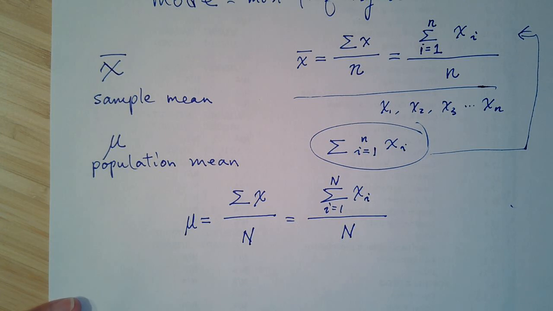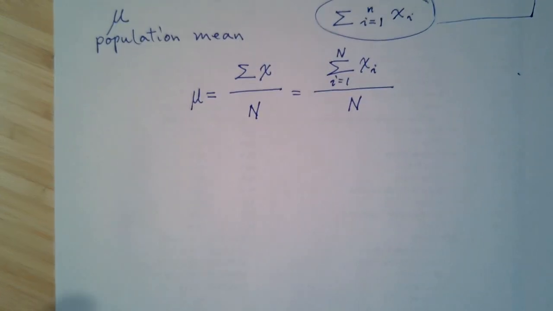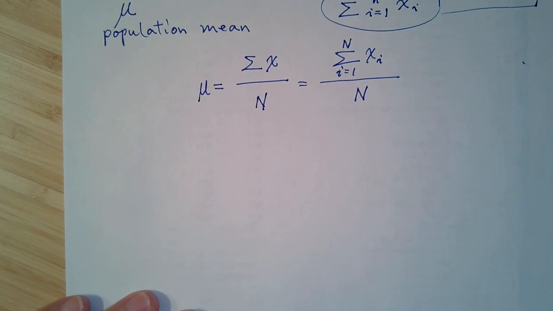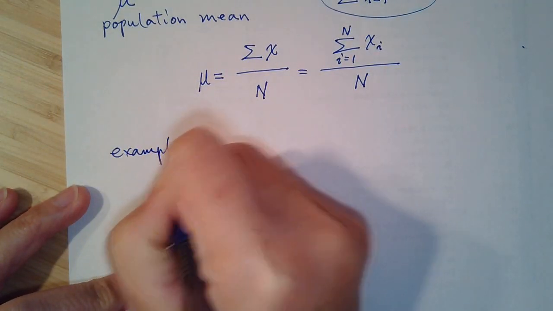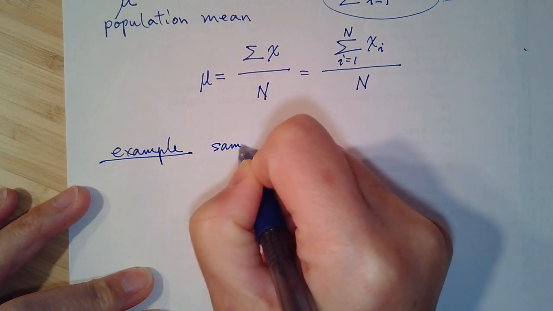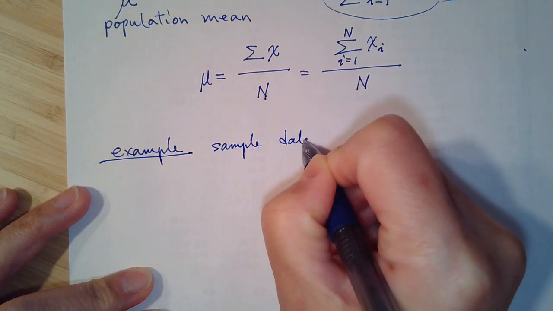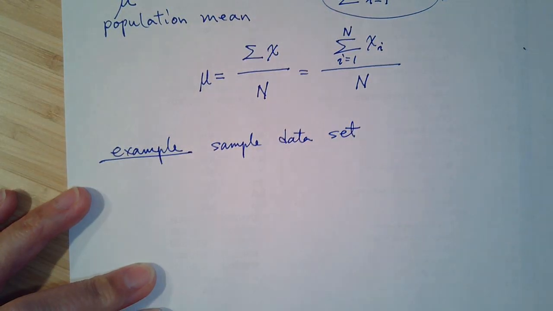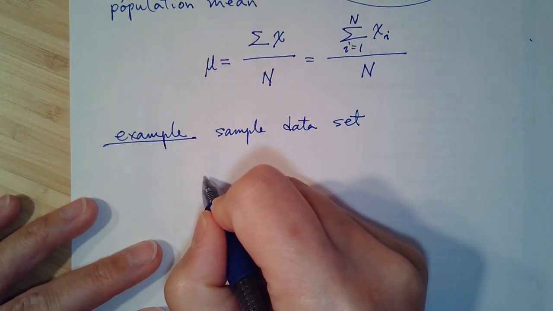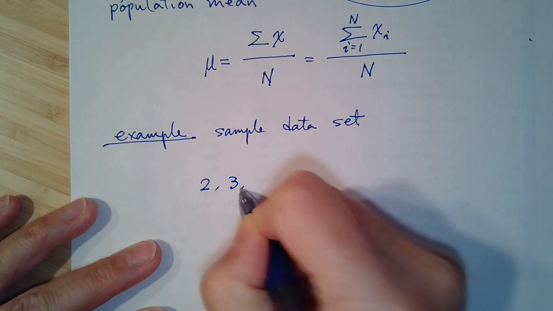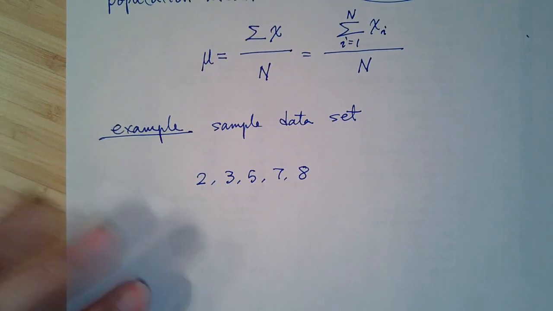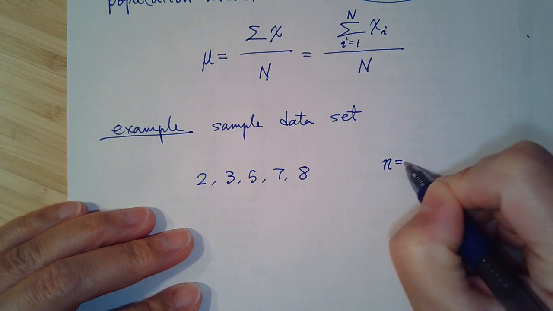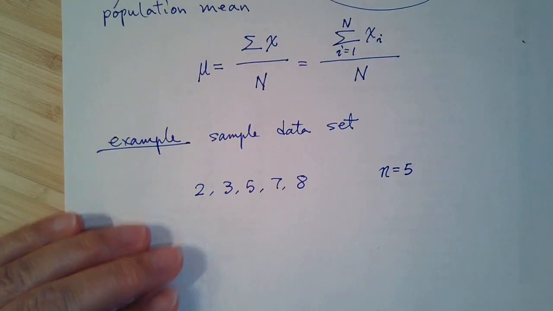All right, now I'm going to give you a very simple example. There are only 5 numbers. I have a sample data set: 2, 3, 5, 7, 8. So I have 5 numbers, so n equals 5. I'll ask you to find the mean.